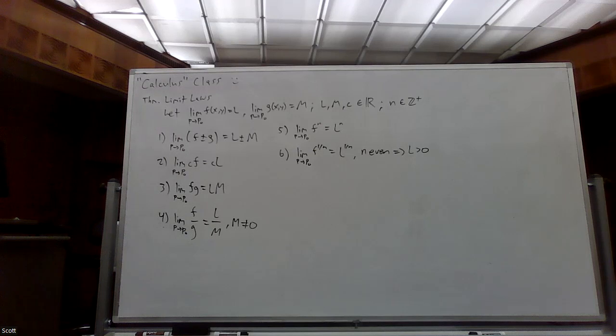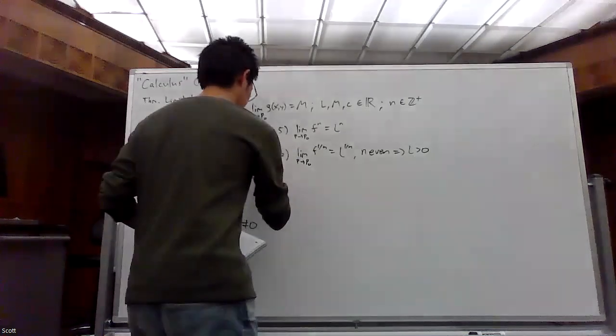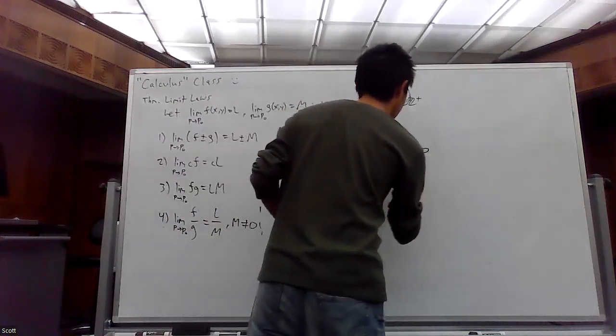So we do all this so that we can actually compute limits. So let's do that. Actually, I can fit it right here, so you can see all the rules. I'll do the example right here.